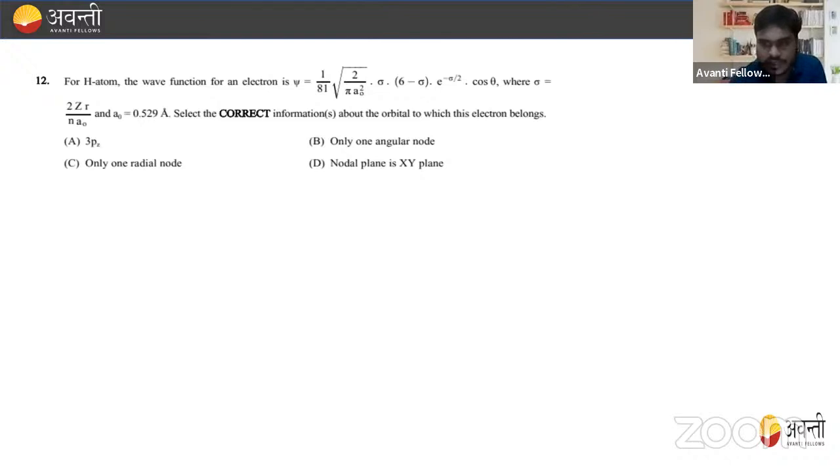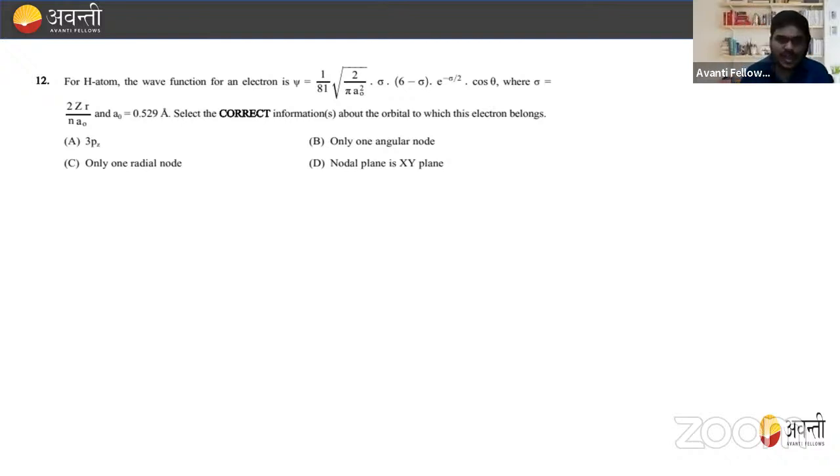Just remember this. Now, this question is very important because it is from the structure of atom. Try to understand how we are going to solve it. This is question number 12.